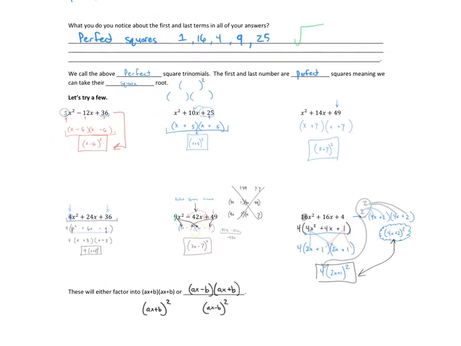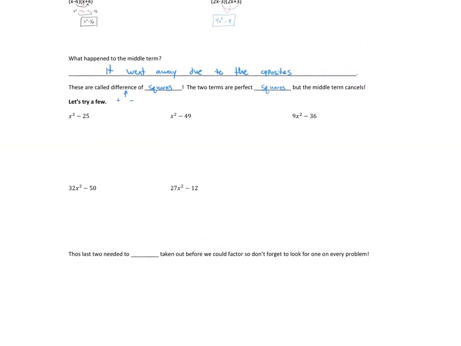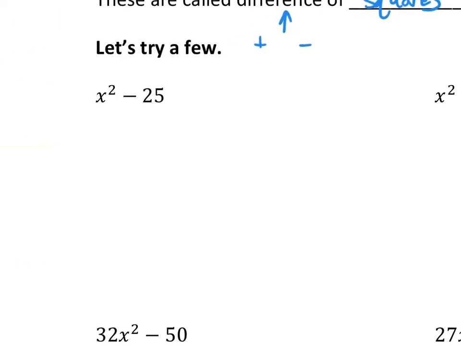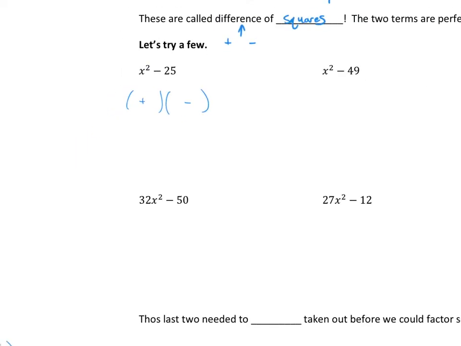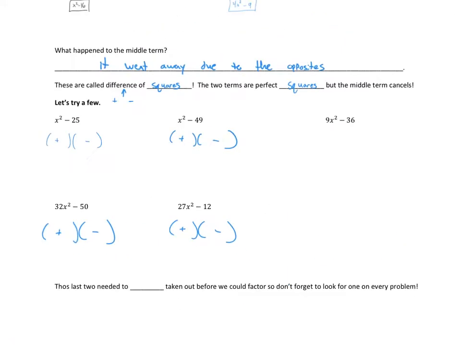All the previous ones were three terms, so these look very different. And you don't even have to think very hard because on every single set, one will be positive and one will be negative. Anytime you see the two-term setup, that's going to be the case.